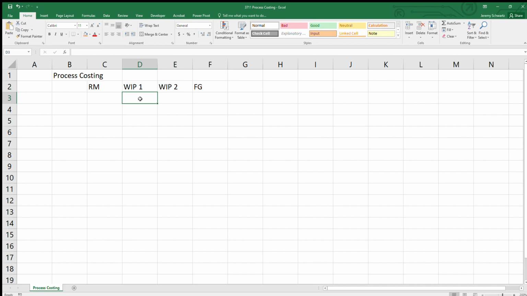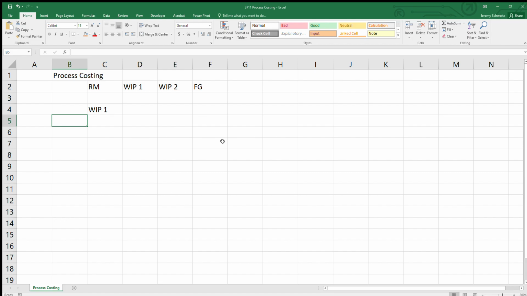To start, we're going to be looking at the first department, but then we have to realize where we are going, because the second department is going to be receiving costs from the first department. So when we zero in on work in process one, we're going to be receiving costs from materials, from the raw materials account.